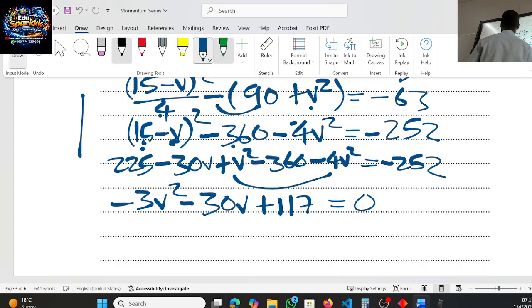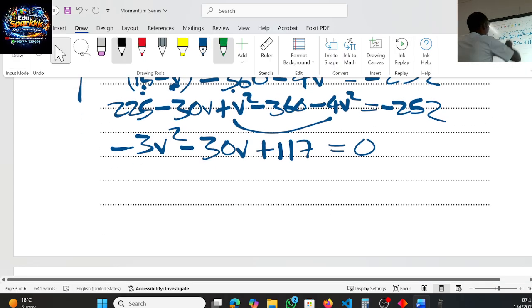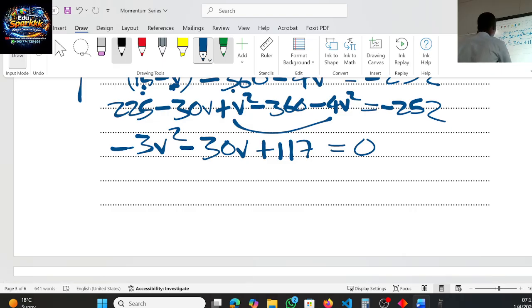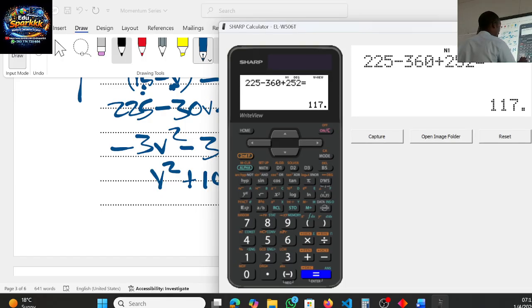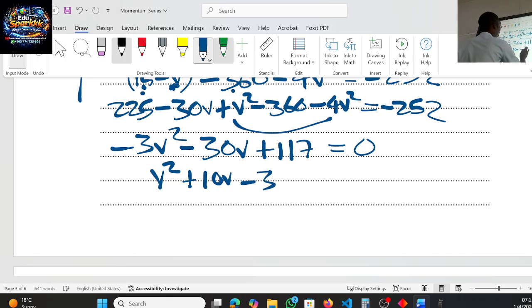This will be equal to 0. Now, we can simplify here. Let's try with negative 3 so that our coefficient here is positive 1. So we are dividing throughout, that will be plus 10v, and when we divide 117 by negative 3, 117 divided by 3, we know it will give us negative 39. That will be equal to 0.